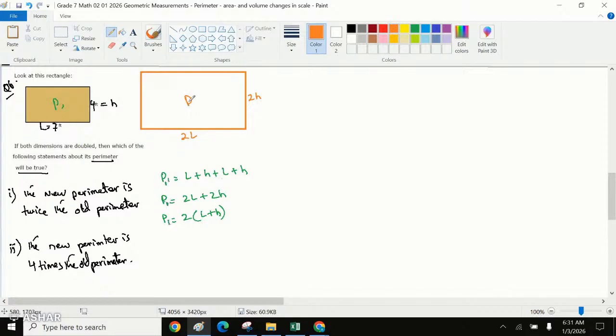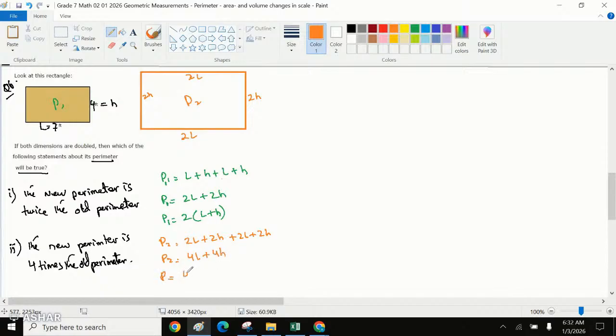For perimeter 2 of the second shape, this is 2 lengths and this is 2 heights. So perimeter 2 would be 2 lengths plus 2 heights plus 2 lengths plus 2 heights. You're adding simply the 4 sides, or we can say 4 lengths plus 4 heights.